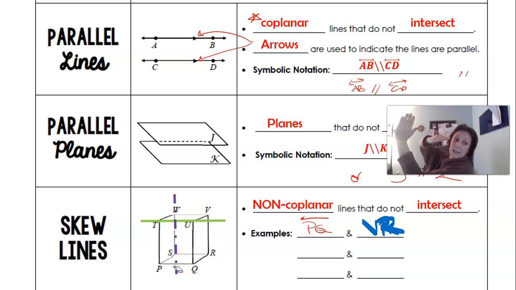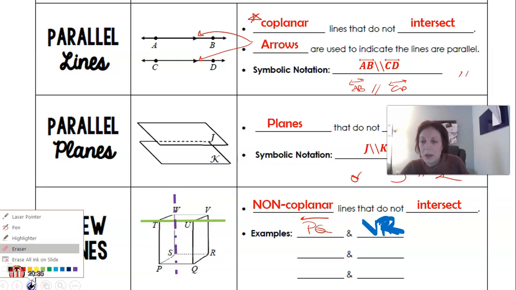We're talking street signs here. One's over here, one's over here, going the other way. They're never going to cross, but they're not in the same plane. One's in a plane that goes up and down, one's in a plane that goes this way. That's skew line. So we could say TU and WS would be another example of skew.